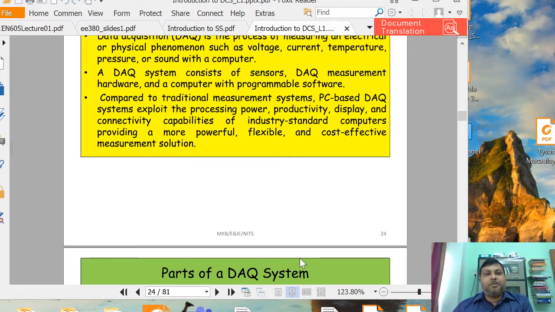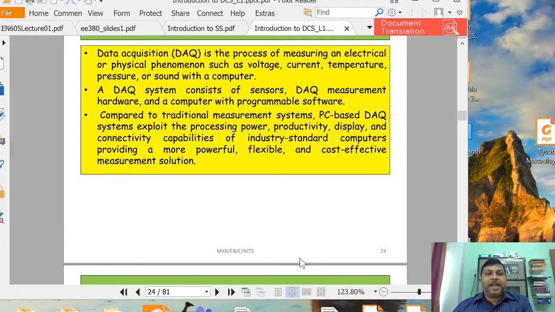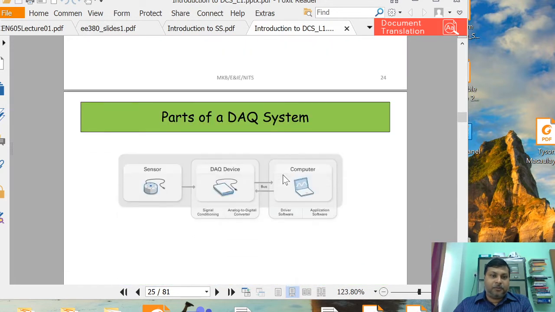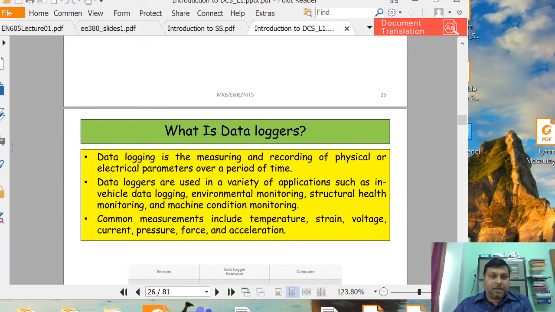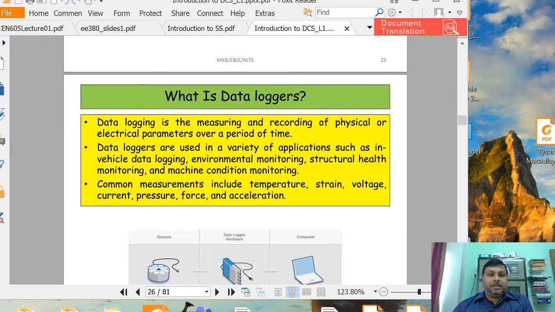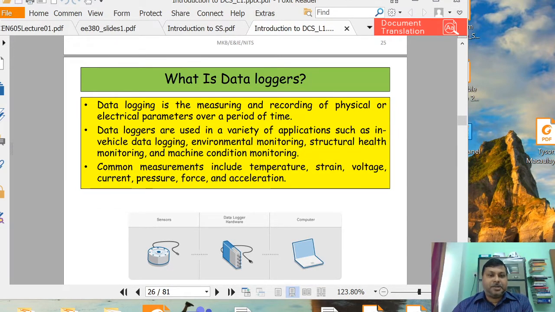Compared to traditional measurement systems, PC-based DAQ systems exploit the processing power, productivity, display and connectivity capabilities of industry standard computers, providing a more powerful, flexible and cost-effective measurement solution. In contrast, data logging is the measuring and recording of physical or electrical parameters over a period of time. They do not have any signal processing capability.